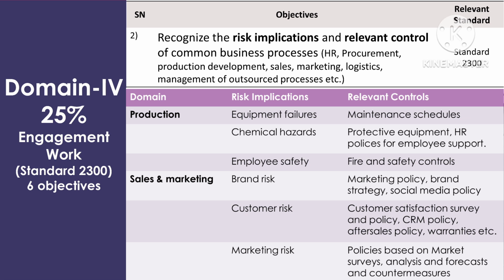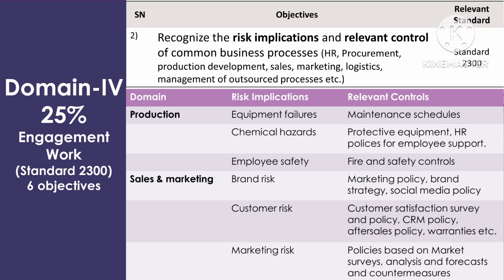Then chemical hazards: protective equipment and HR policies for employee support if they are working in a hazardous environment. Employee safety: fire and safety controls must be properly implemented, and there has to be awareness among the employees, so they know when to ring the bell and raise the alarm that their safety has been compromised.